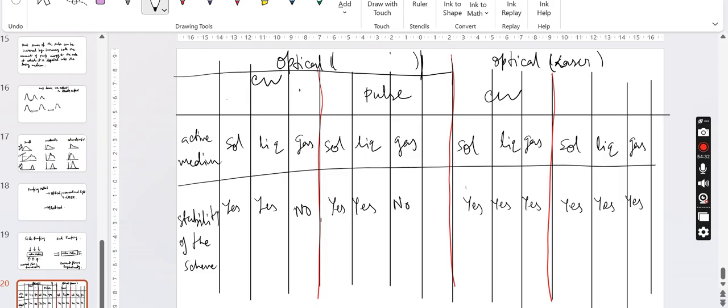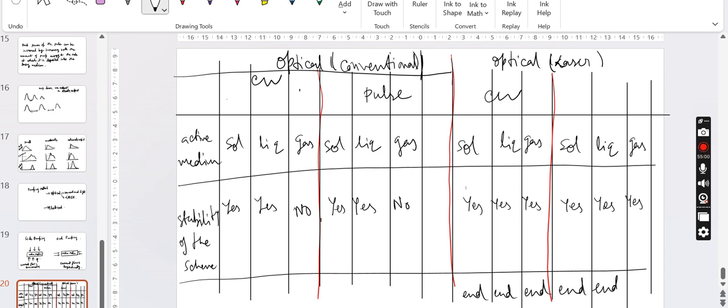Nowadays the laser is also used as a pump procedure for solid state laser, and there the active medium is not gas. So generally, end pumping is given when the laser is being used as a pumping method.